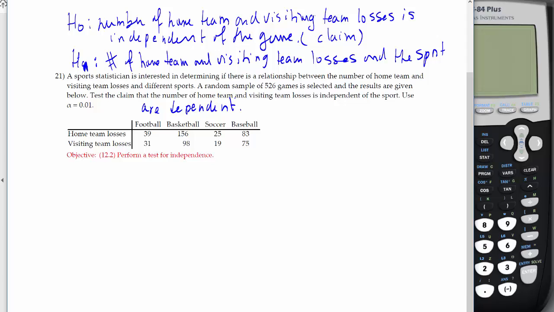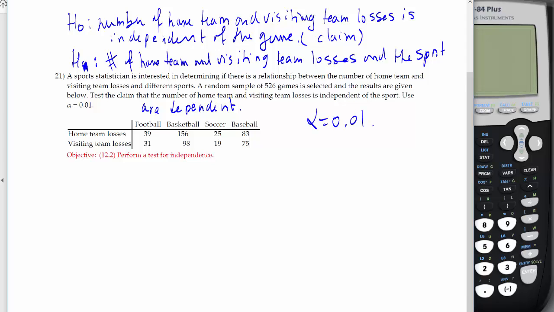So again, H0 variables are independent, H1 variables are dependent. And it's asking me to test the claim that the number of home team and visiting team losses is independent of the sport. Use alpha equals 0.01.